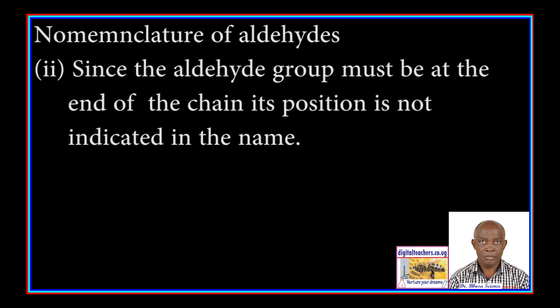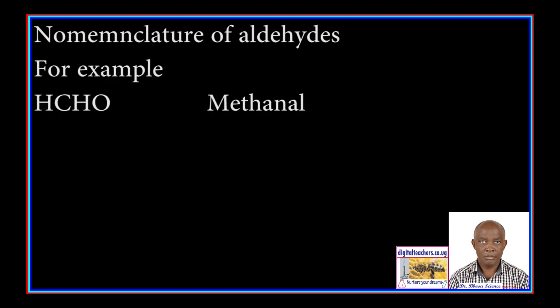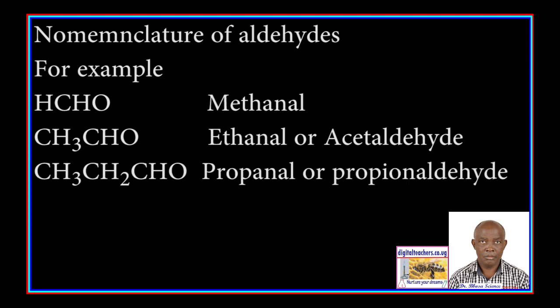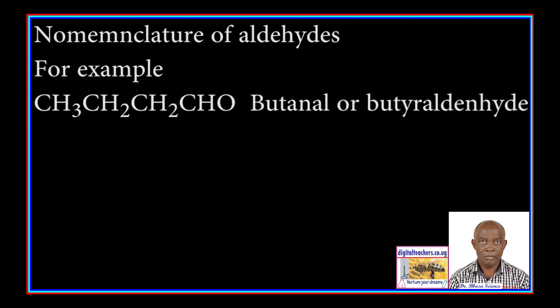Since the aldehyde group must be at the end of the chain, its position is not indicated in the name. For example, we have methanal, ethanal or acetaldehyde, propanal or propionaldehyde, and then butanal or butyraldehyde.